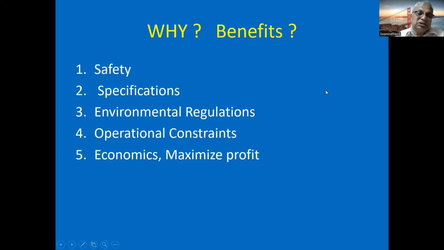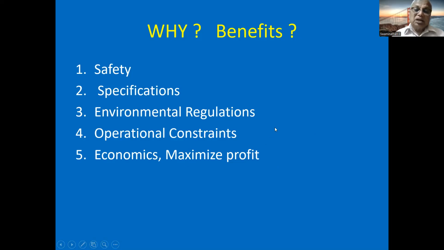Now, having seen this, what is a control system expected to satisfy? What are the satisfactory requirements of a control system? The process control system is called for to achieve these aims.